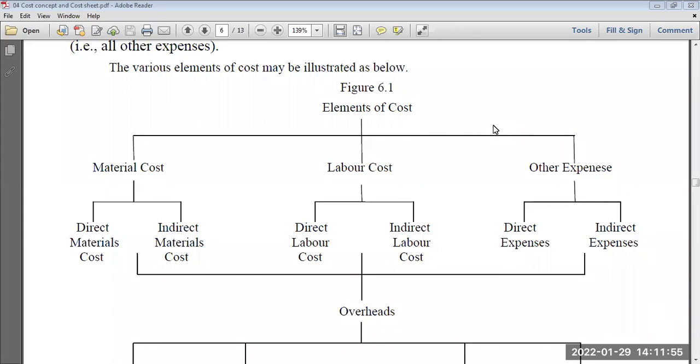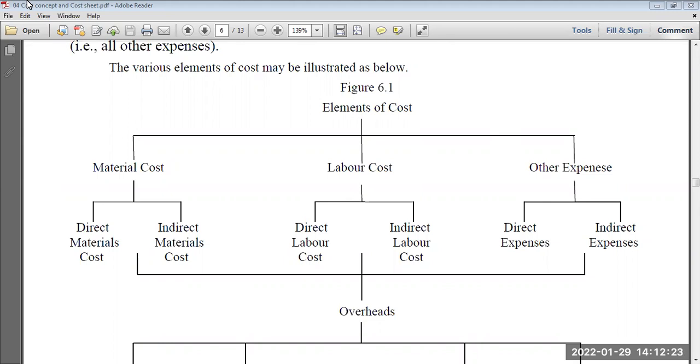Okay. Similarly, labor cost, direct and indirect. To convert the paper into a notebook, for one notebook, how much you are paying, that is called direct labor cost. Indirect labor means there are five laborers working in your manufacturing unit, but there is only one supervisor. The salary payable to the supervisor cannot be attributed to a single notebook production.